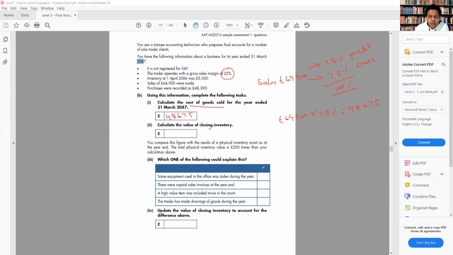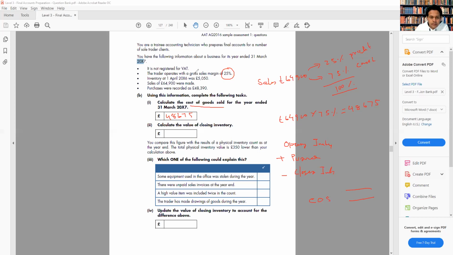Now the next question asks to calculate the closing inventory. To calculate that, we'll follow our cost of sales formula. If you remember: opening inventory plus purchases less closing inventory gives us cost of sales, COS.